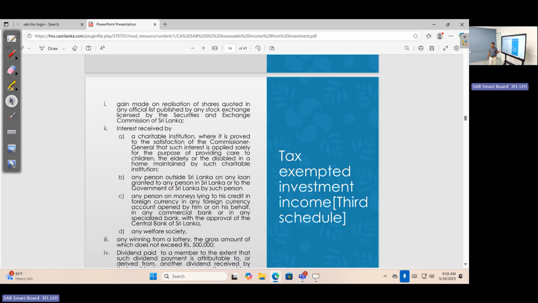Now to some extent it is functioning. The other thing is share transactions are subject to the share transaction levy. There are other taxes in Sri Lanka, called the share transaction levy. It is applicable for shares dealt in a listed stock exchange. The buyer and seller both pay on the sales or the purchase.